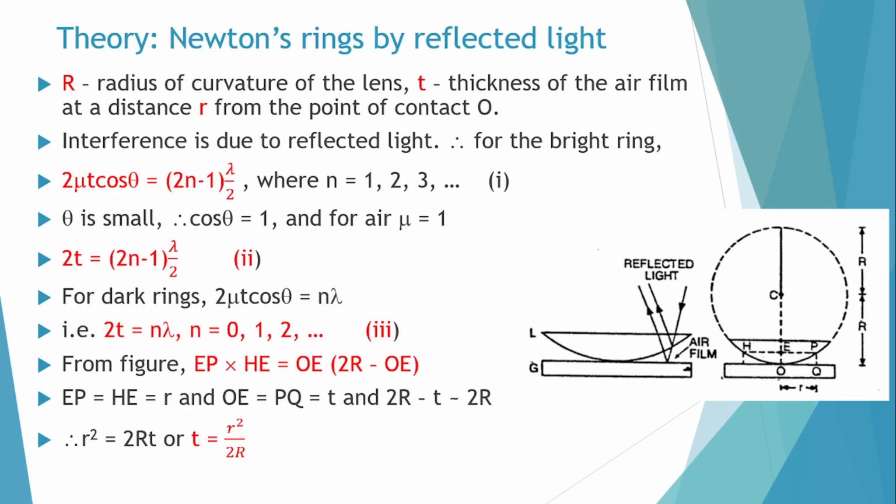Now look at the geometry of the figure towards the right hand side of the slide. From the geometry of the figure, we have the formula shown here, that is distance EP multiplied by distance HE, so distance towards both sides of the point of contact, equal to OE into (2R minus OE), where capital R is the radius of curvature of the lens, and OE is again the thickness.